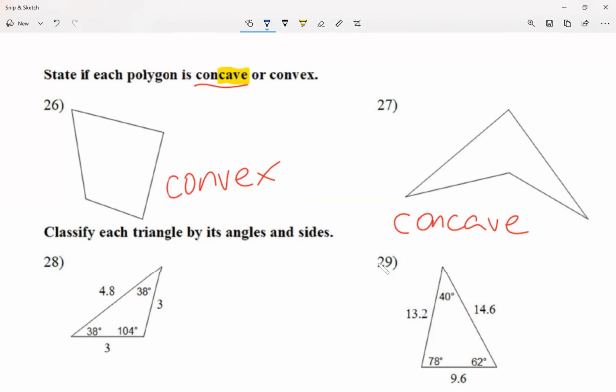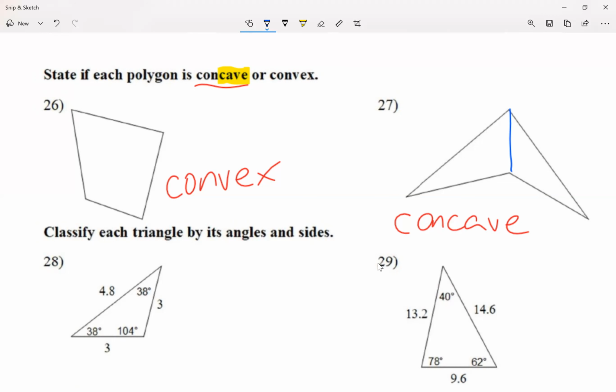So if I look at number 27, let me connect two corners. To begin with, some of you might say, well, that's a diagonal because I connected two corners and my diagonal is inside the picture. That's not concave. Okay, so we found a diagonal that doesn't go out. What I said earlier was find a diagonal.